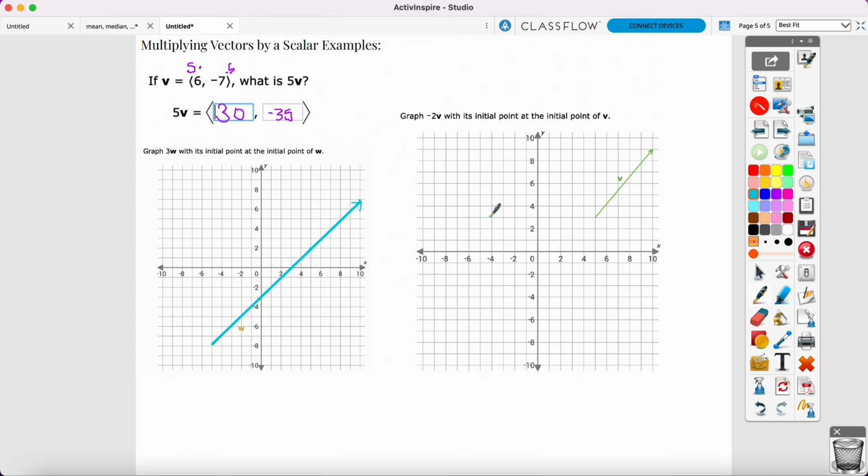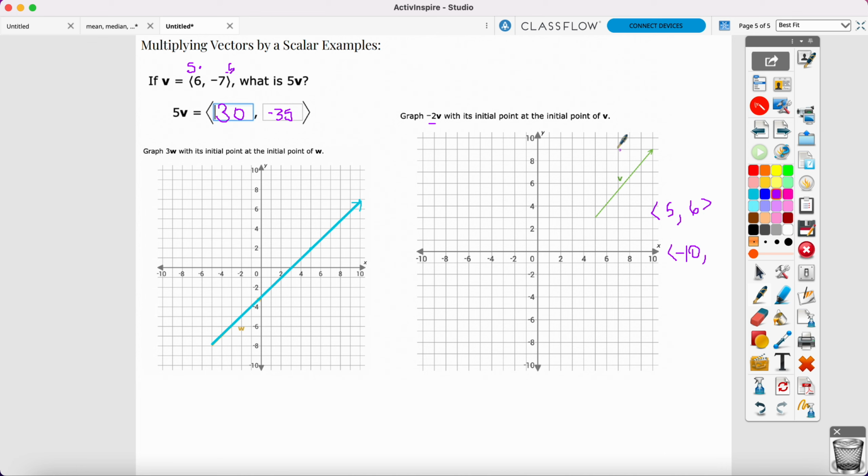And the last thing, graphing negative 2v with the initial point of v. So what we can do on this one is write out the component form of this vector. If we start here and end here, it is right 5, up 6, so 5, comma 6. If we are multiplying everything by negative 2, then 5 times negative 2 is negative 10.